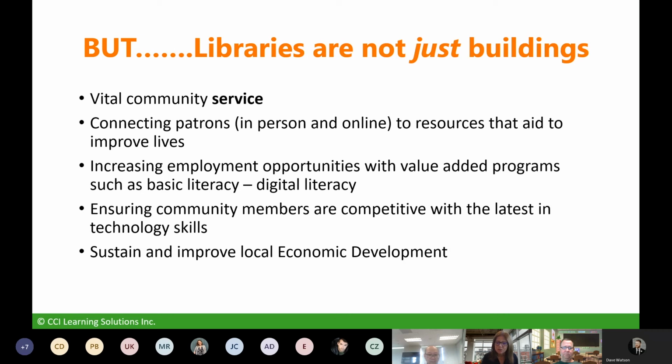And libraries are starting to reinvent themselves. We know they're underfunded. We're all hoping to get more funding, but there's a way to make sustainable programs by partnering and creating agreements with local school districts, and by recognizing the need to have employment programs in their local communities. I think it's an area of our ecosystem that needs to have more attention.